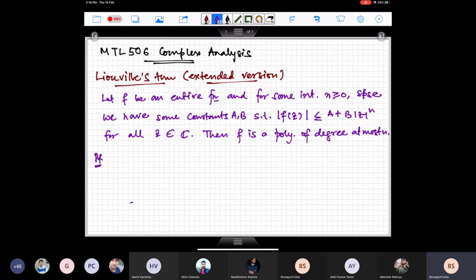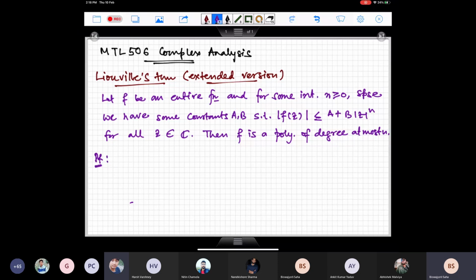So the proof will be quite similar, in the sense that if you remember how we proved Liouville's theorem, we used the Cauchy estimate. So here also we are going to do that. What did we do in the proof of Liouville's theorem?